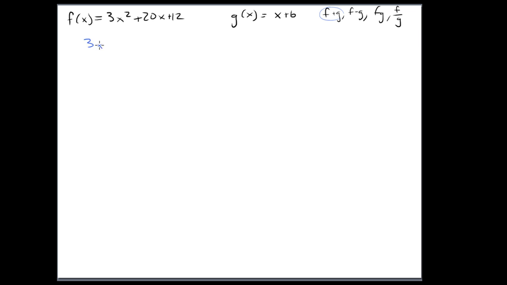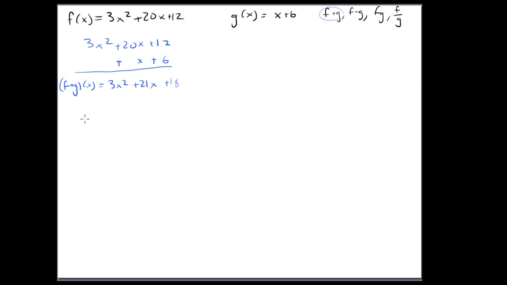I'm going to take 3x squared plus 20x plus 12, and I'm going to add to it x and 6. And what we'll get here is f plus g of x, which is 3x squared plus 21x plus 18.